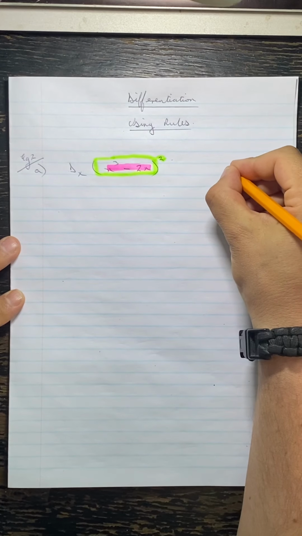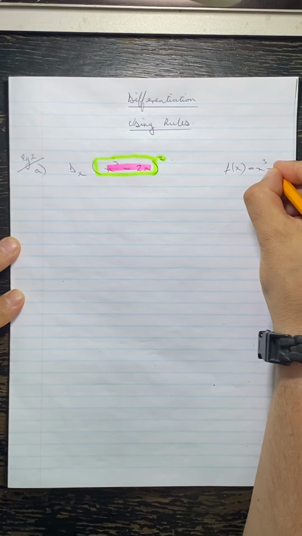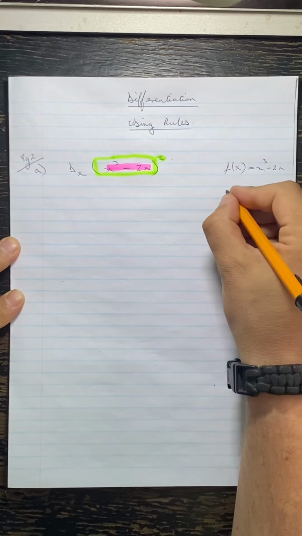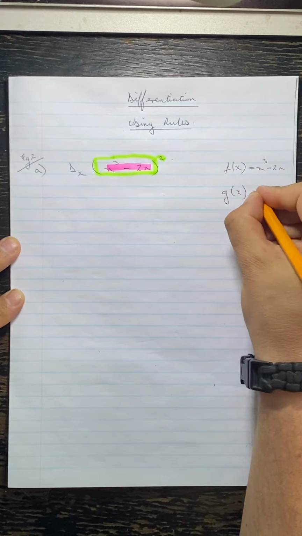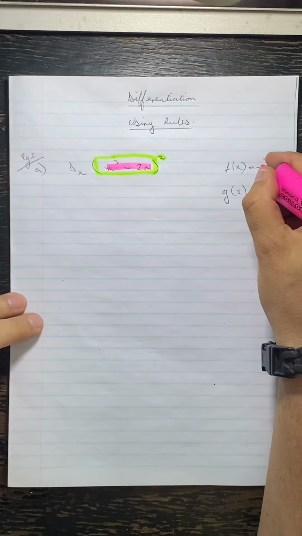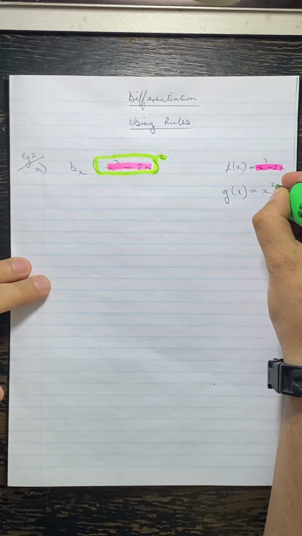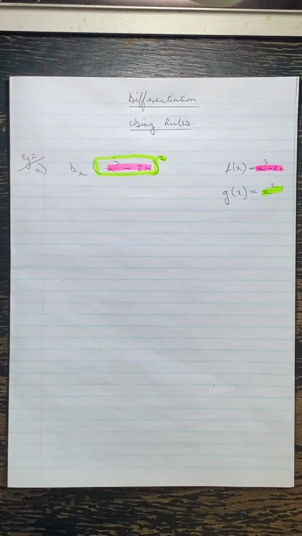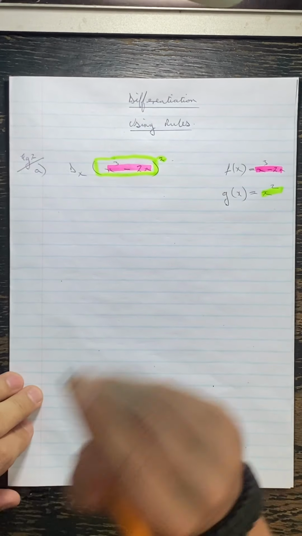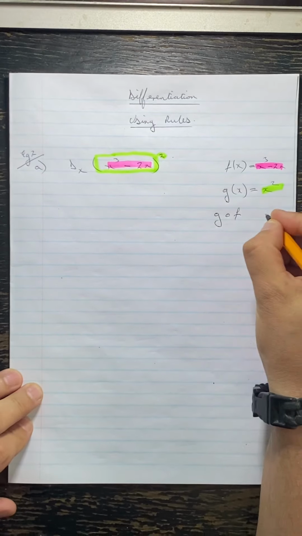I can call the first one f of x equals x cubed minus 2x, and then I can call the outer one g of x equals x squared. So this is the red one, and this is the green one. And how we get this combined is g circle f.